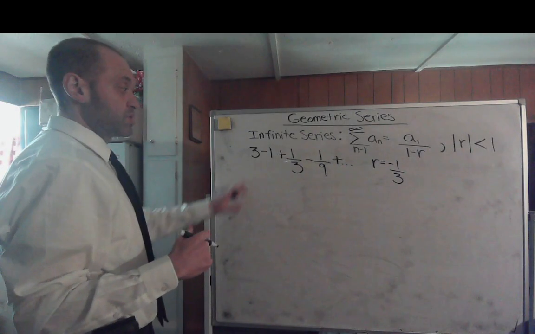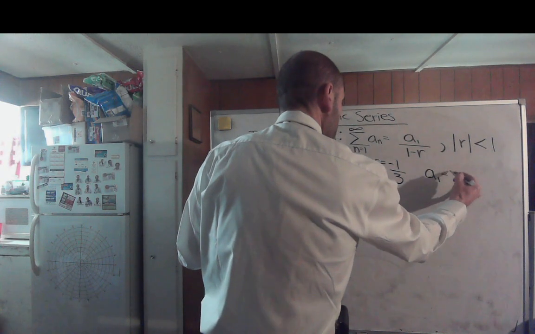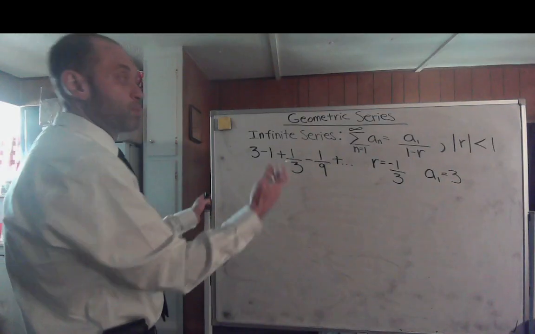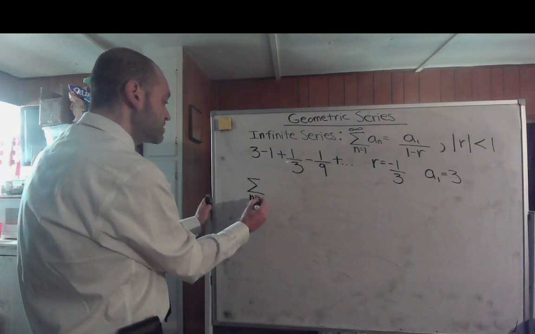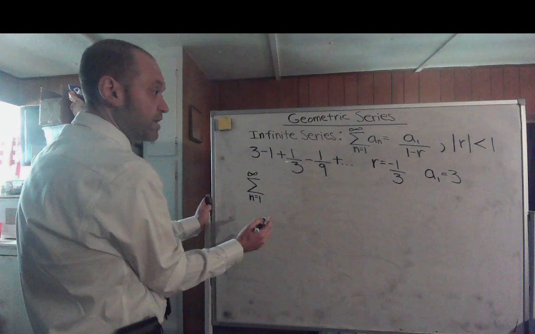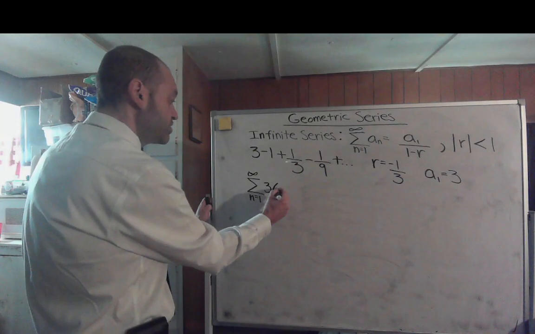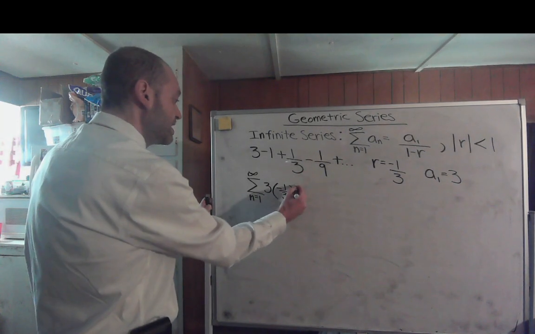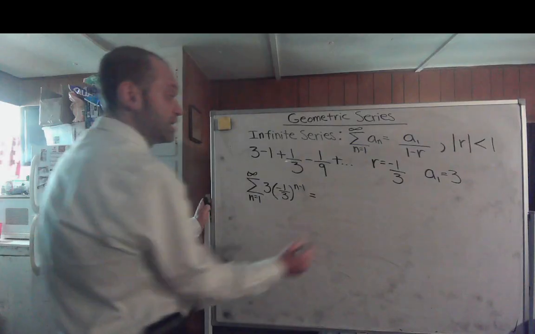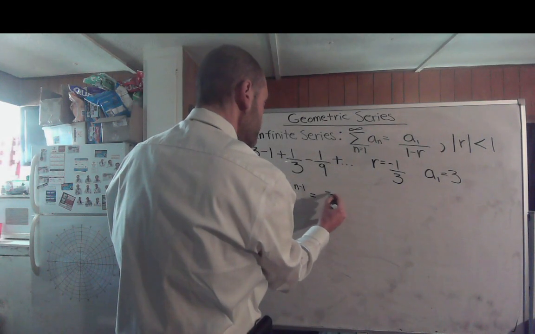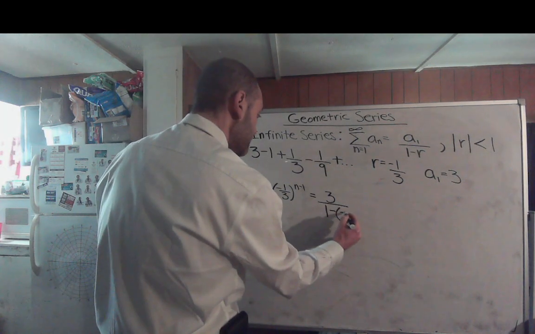Now our first term is 3, that's our a sub 1. So we can now put this into the format where we can find the sum. So the sum from n equals 1 to infinity of our a sub n, which will be a sub 1, which is 3 times our common ratio of negative 1/3 to the n minus 1. There's our sum. That's going to equal our first term, a sub 1, which is 3 all over 1 minus the common ratio of negative 1/3.